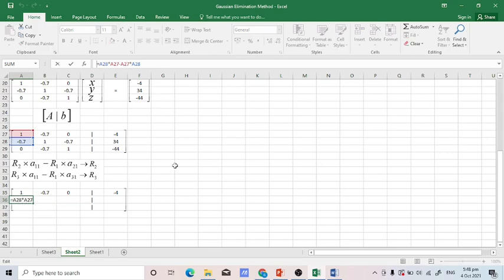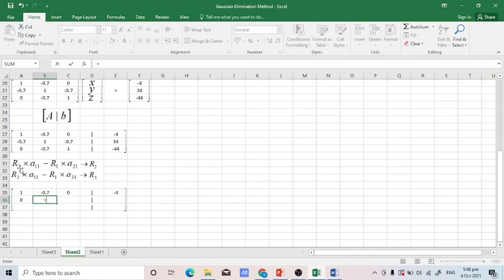So, any question? Nothing so far, sir. And then, ito naman, R2, second element, kasi babaguhin natin lahat ng row 2 elements. Maapektuhan eh.